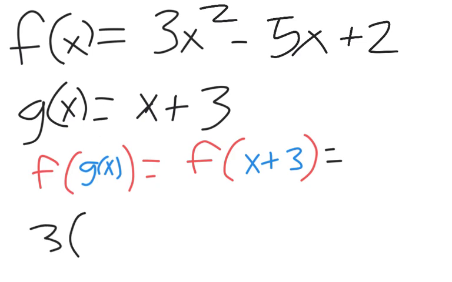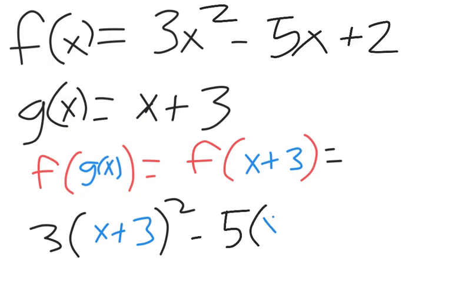It's 3 times where it used to be x, I'm now putting x plus 3 squared, minus 5 times where it used to be x, I'm now putting x plus 3, plus 2. So that's really the new step, is substituting in like that. Or say new, I think you've done these before.